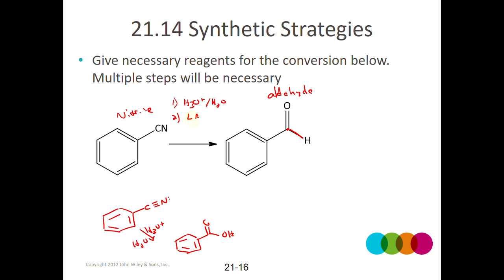Then add LAH, which will reduce that down to the primary alcohol once some H3O+ and water is used to protonate that. Otherwise, I would just have an O minus after the hydride is delivered. And then I could use PCC to oxidize that.